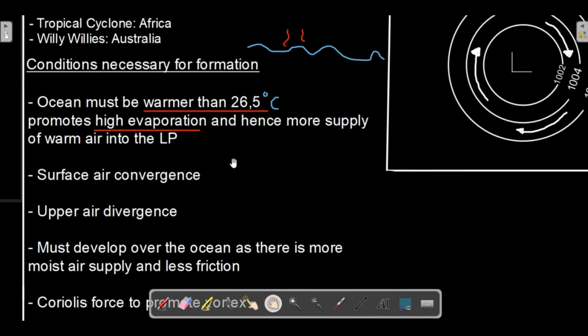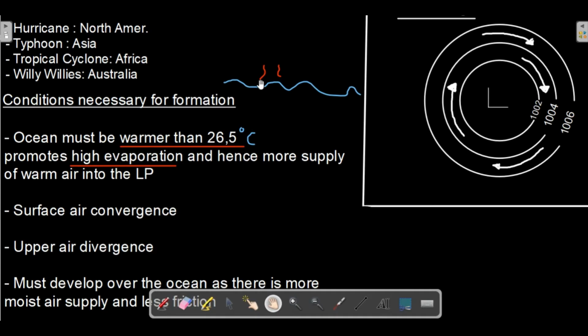The same thing applies here. You have to have a warm ocean with high evaporation that will produce warm, moist air that rises up, and because it is applying little pressure on the surface, an area of low pressure is created on the surface.